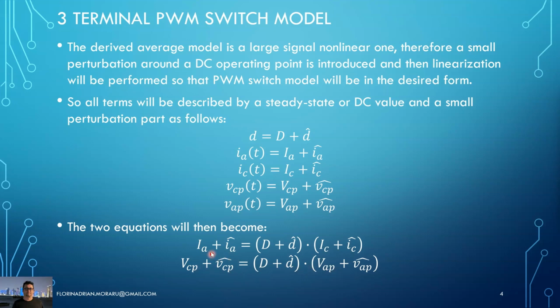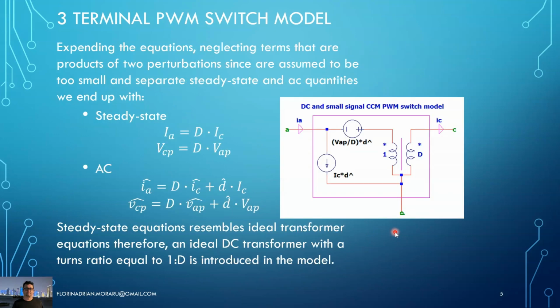So we replaced the variables with the DC values plus the perturbation. Then what we simply need to do is a simple algebra to expand the equations, and then we will have terms that are products of two perturbations.